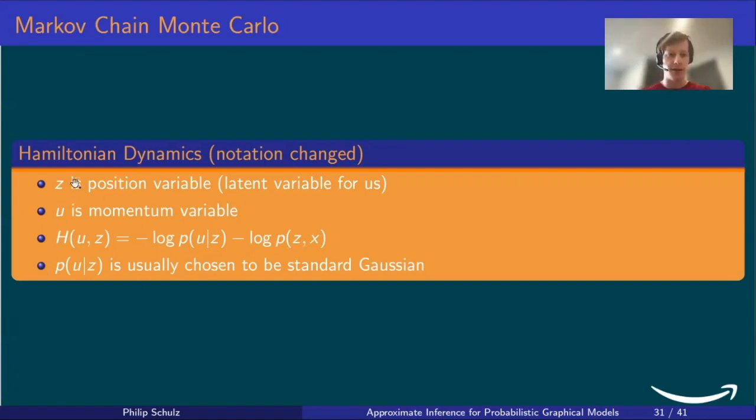So we're going to have Z as a position variable. And remember, Z is our latent variable that we're trying to do inference over. And we're going to have U called a momentum variable. So the position basically tells us where we are in the space. So think again of our posterior as a wiggly surface, right, with lots and lots of humps. And Z is the position variable, which basically tells us how high up these humps we are.